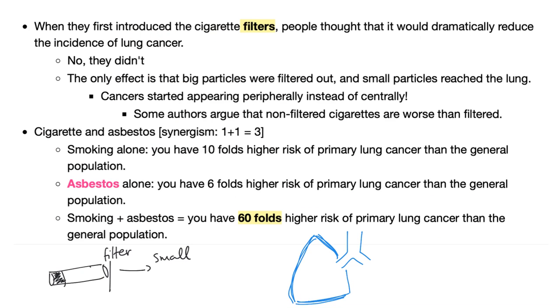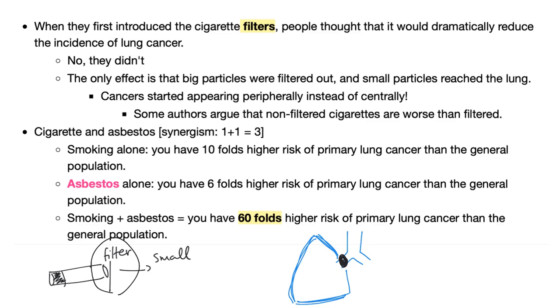When they first introduced the cigarette filters, people thought that it would dramatically reduce the incidence of lung cancer. It never happened. The filter is going to filter the big particles, but the small particles will continue to pass, no matter how good the filter is. Back in the good old days, which were not so good, before the filter, we called it bronchogenic carcinoma. It was here because the particle was large.